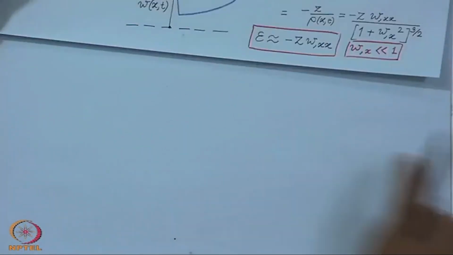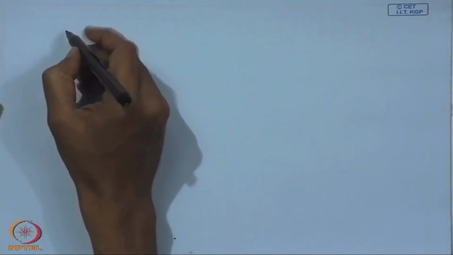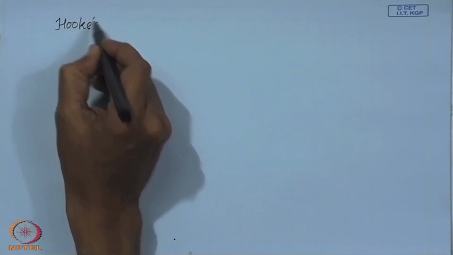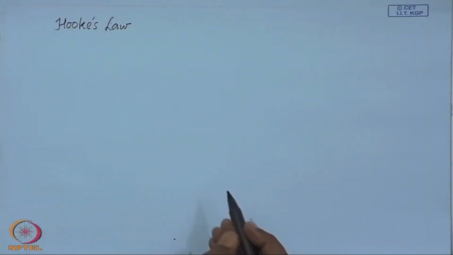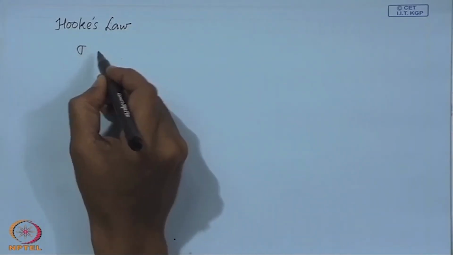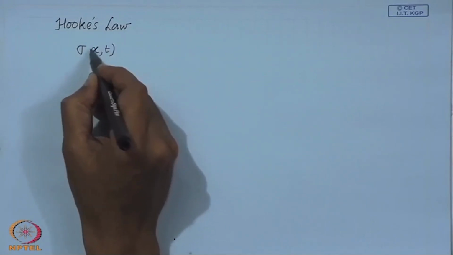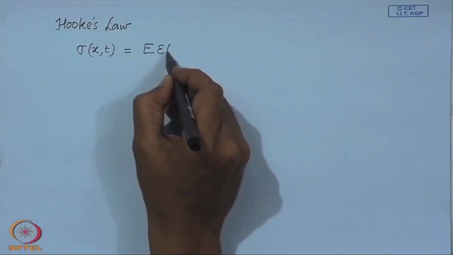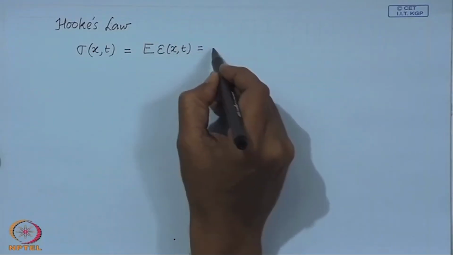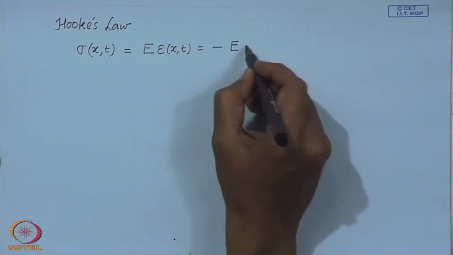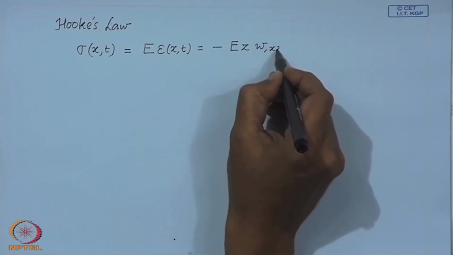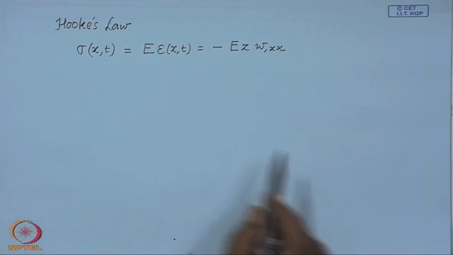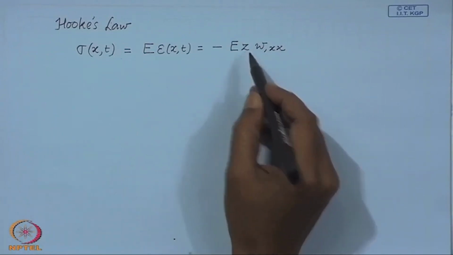So, once we have this expression of strain, we can bring in the constitutive relation using Hooke's law, and we can write the stress in that fiber at a location x at time t. So, this is the axial stress in the axial fibers of the beam at a location z measured from the neutral axis.